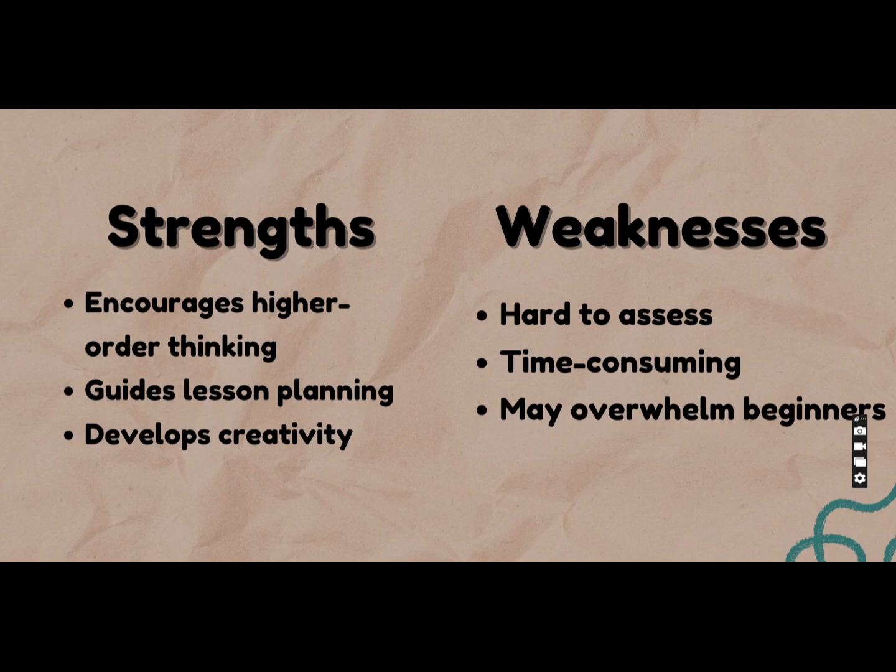Of course, the process takes time. It has several processes that require higher order thinking. And it helps the teacher in lesson planning and develops creativity, because at the end of the process the creativity of the students increases.